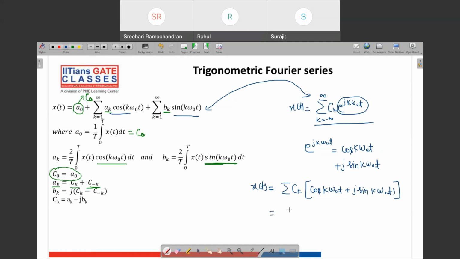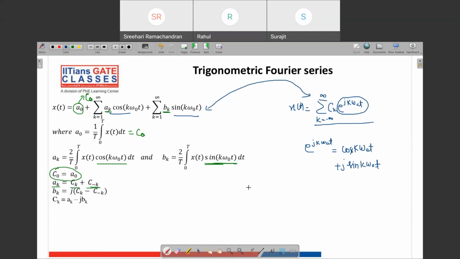Now you can also write it as c0 plus summation ck, let me write it in a different form, minus k, and j sin omega naught t. Okay, yeah, I got the point.